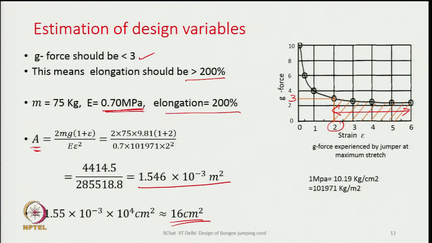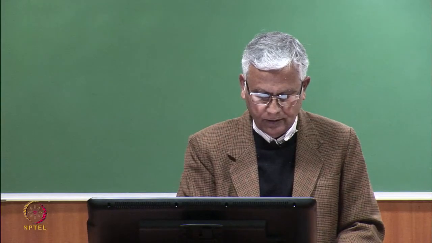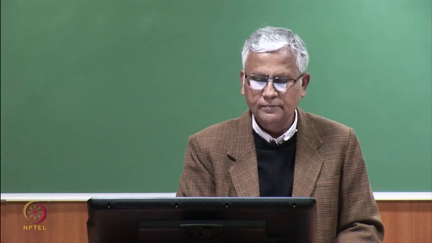So, we have to choose a rubber chord whose area has to be 16 centimeter square. From there we can calculate the diameter also now, because pi d square by 4 equal to 16. From there we can easily calculate what should be the diameter of this rubber chord. From here we go to the next slide.